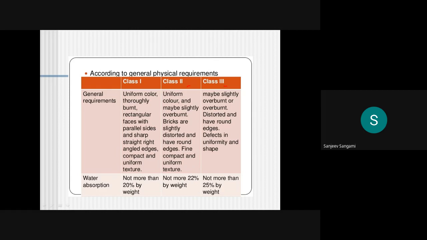If it is a class 1, what will be the requirement? If it is class 2, what will be the requirement? If it is class 3, what will be the requirements? If it is class 1, it should be of uniform color, thoroughly burnt, with rectangular faces, parallel sides and sharp, straight, right-angled edges, with compact uniform texture. So all these are general requirements.